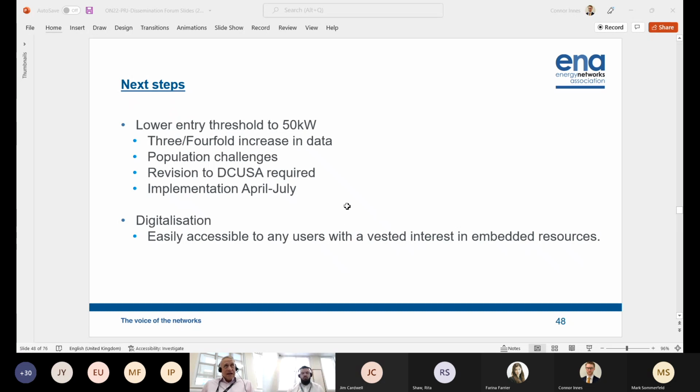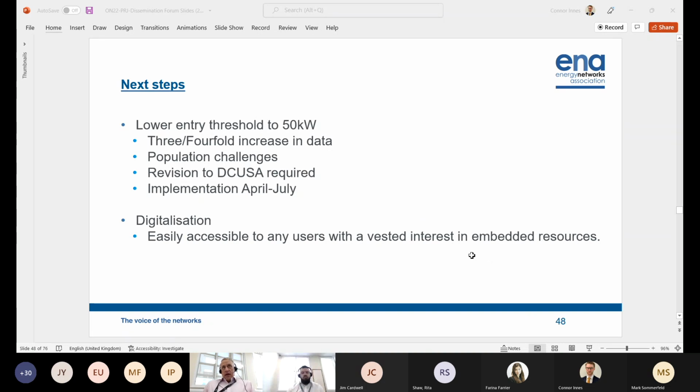And as again I've mentioned, that does present DNOs with population challenges. Many of the entries don't necessarily have the connectivity data automatically recorded within the DNOs. Some of it is kept at district level or area level rather than at the level that we would like it, and certainly that's available with some of those larger connections that are above the 1 megawatts.